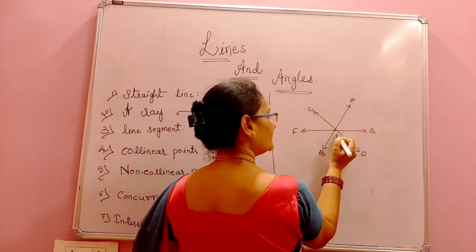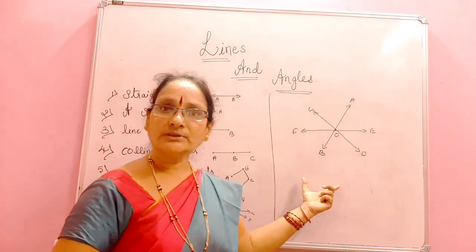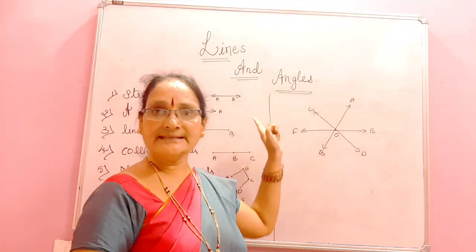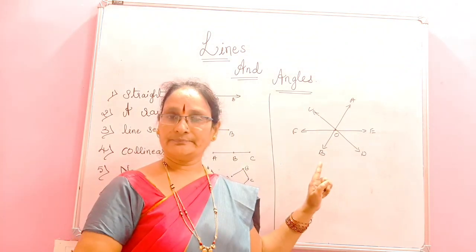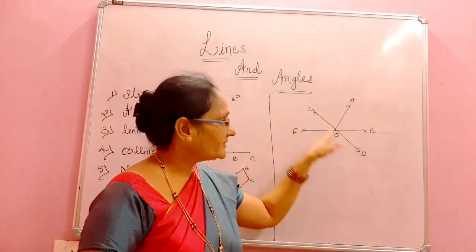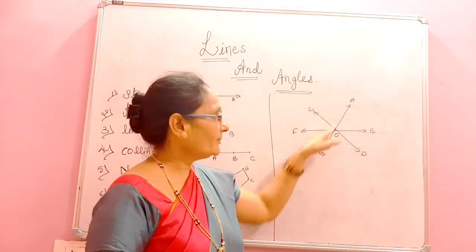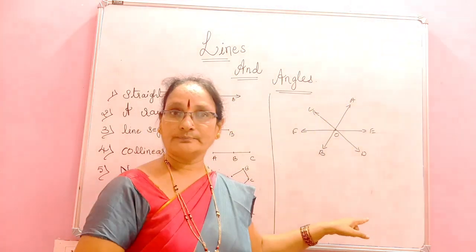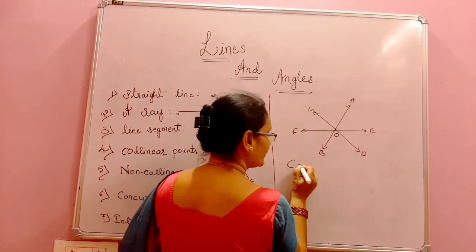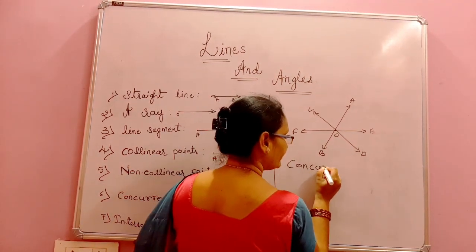So this is the given point O. Through the given point O, if so many lines are passing through, then these lines are called as concurrent lines.